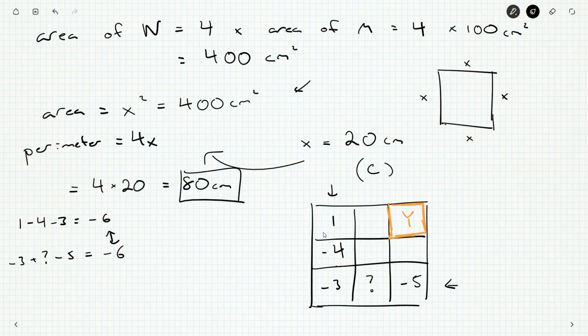So we bring the -3 and the -5 to the other side, and we get 2. So we know where 2 goes, right here. Now, if you want to do this question as fast as possible, that's not actually the best way to go about it, but it was just a little example.